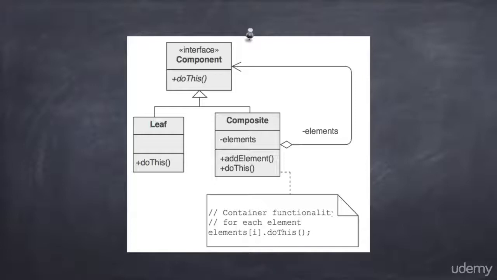And this is the fundamental difference between a leaf and a composite object. A leaf will only apply the operation to itself, whereas a composite will apply the operation to itself and all of its children.